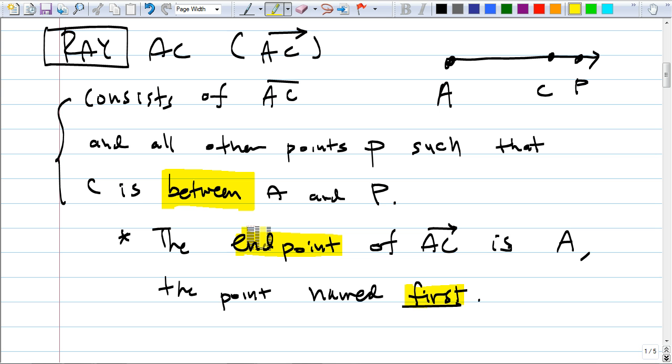So in other words, you cannot write this as C, A, and then this way. Can I do this? No, this is wrong. That's not the right way of writing a ray.